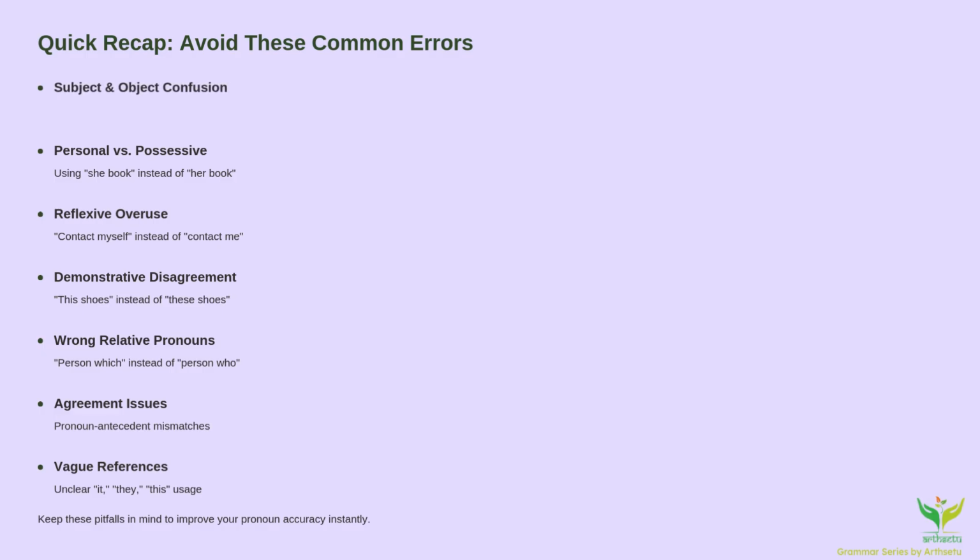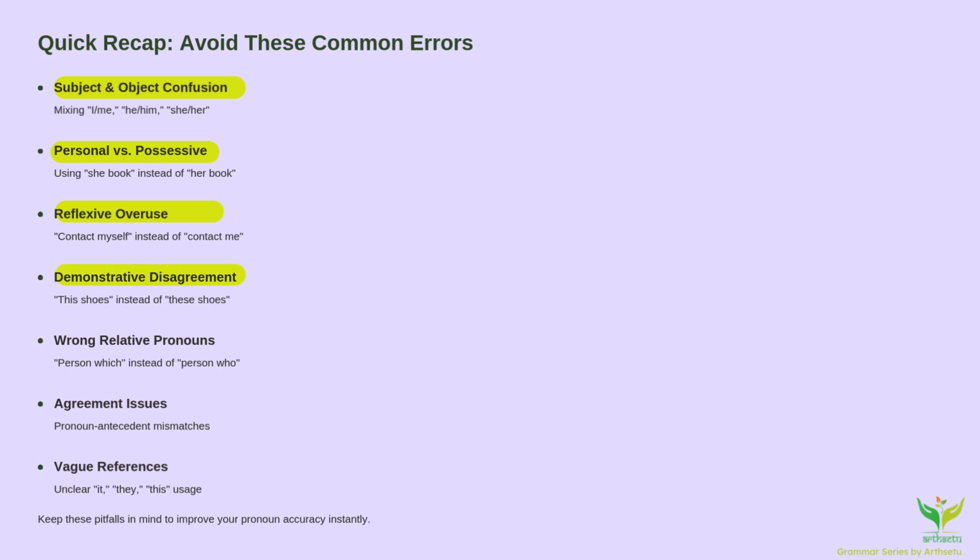Let's quickly recap the 7 most common mistakes with pronouns. First, mixing up subject and object forms like me went instead of I went. Confusing personal with possessive. She book instead of her book. Overusing reflexive. Contact myself instead of contact me. Getting singular and plural demonstratives wrong.